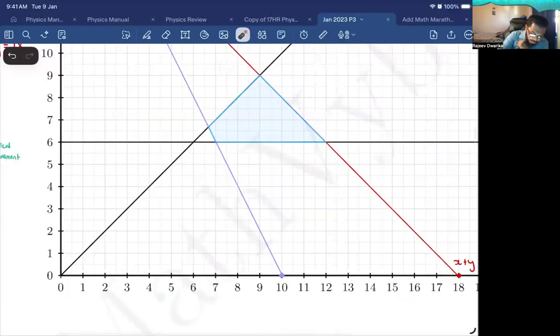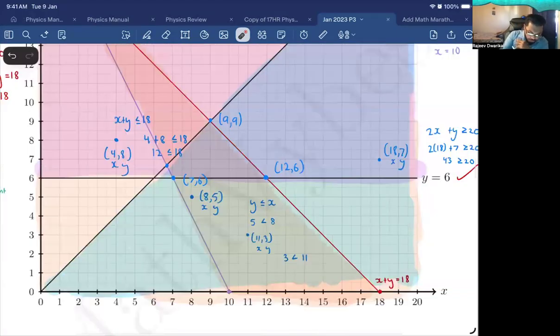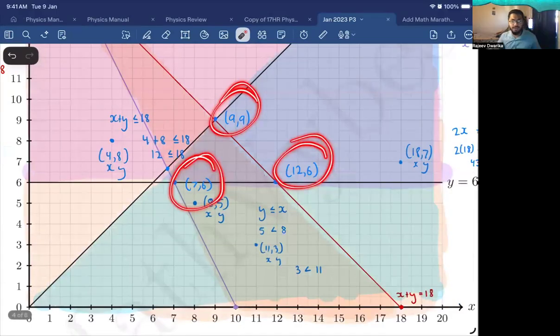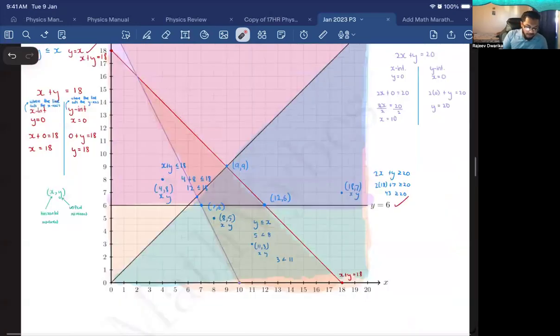If you read off this point, will you get a whole number or a decimal? A decimal. Can you have a decimal of a box? No. So we're going to ignore that point. The points I'm going to take are 9, 9, 12, 6, and 7, 6. Do you understand that? Yes, sir.